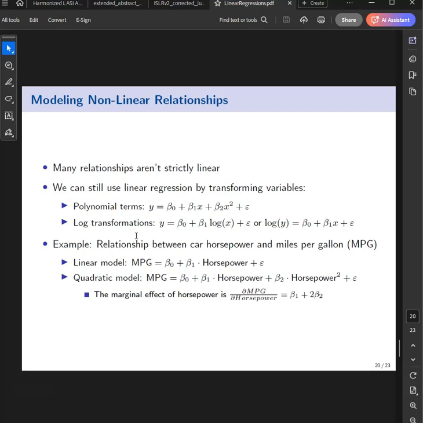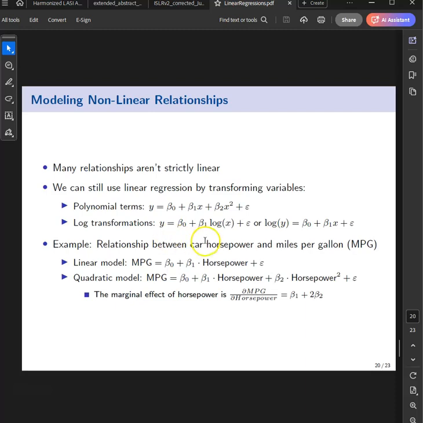This allows a regression line to curve, capturing nonlinear patterns. We can use other transformations like log, exponentials, etc. And we can play around with that as much as we want.